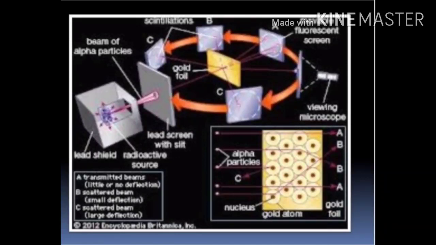These positively charged radiations were emitted from a radioactive element, that is radium, enclosed in a lead box. When they struck the gold foil, he made some observations on the zinc sulfide photographic plate.